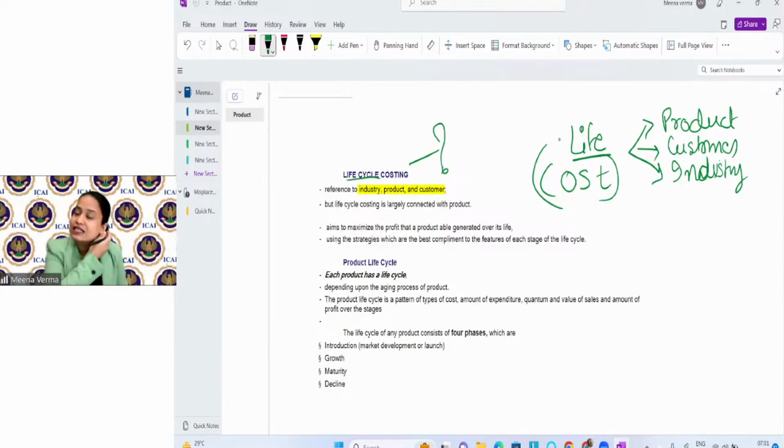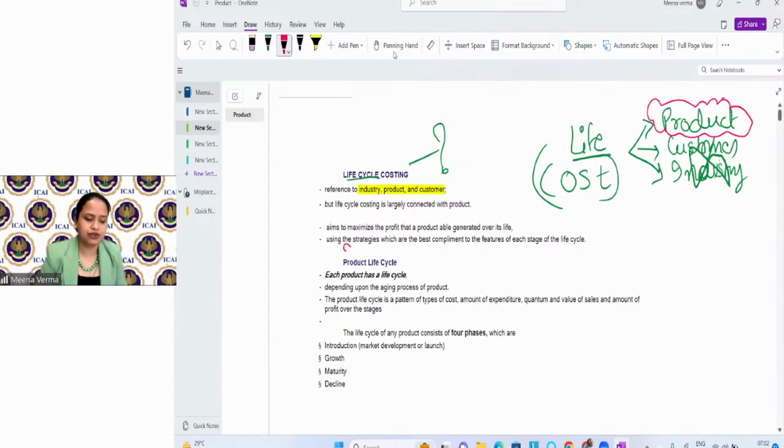But in this chapter, they are not considering the customer or industry. They are just considering the product, so the costs we incur over the entire life of the product. This is what we will discuss here.